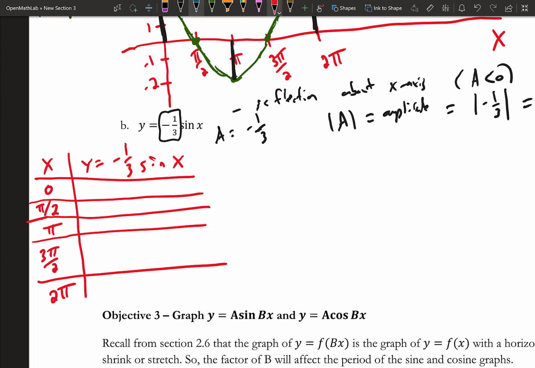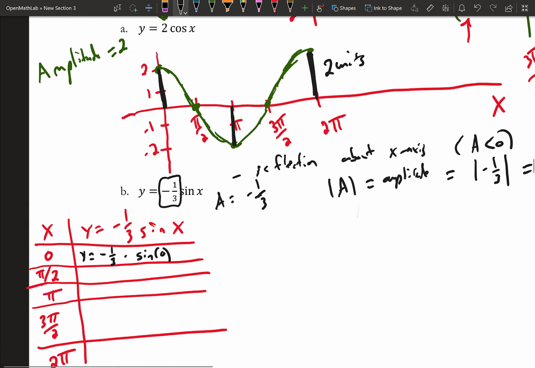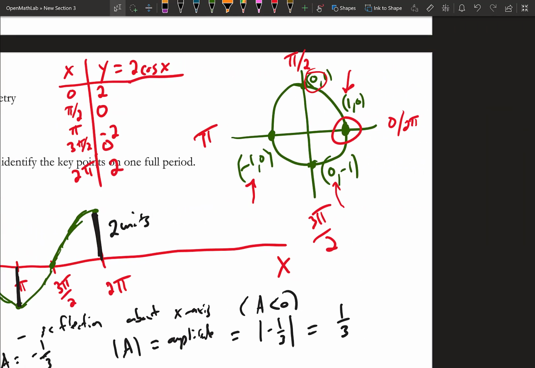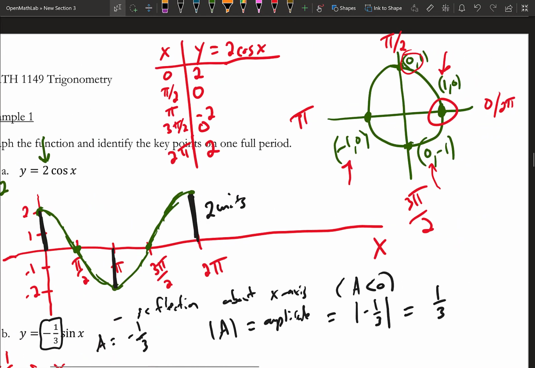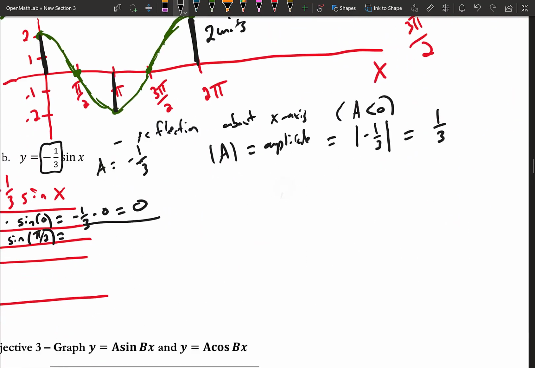So here we would have y equals negative 1/3 times sine of 0. If I look up at my unit circle, I'd be looking at 0 degrees, and the y-coordinate would be 0. So this would be equal to negative 1/3 times 0, which is just 0. Pi over 2 would be y equals negative 1/3 times sine of pi over 2. So sine of pi over 2, that's the y-coordinate, so that would be here, which is 1.